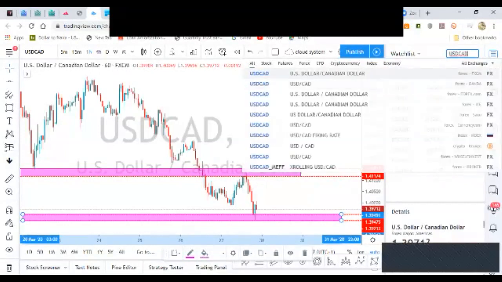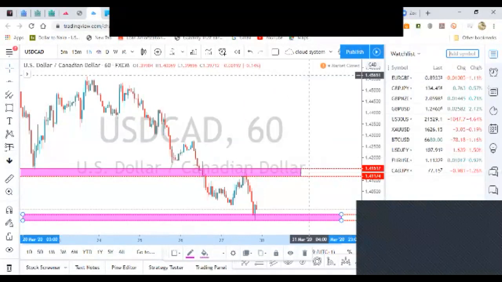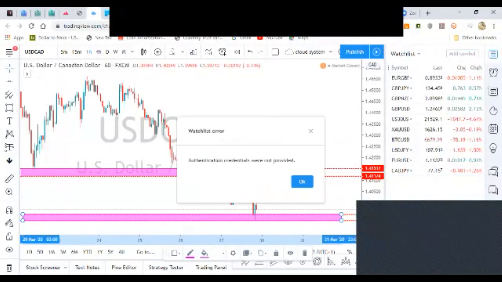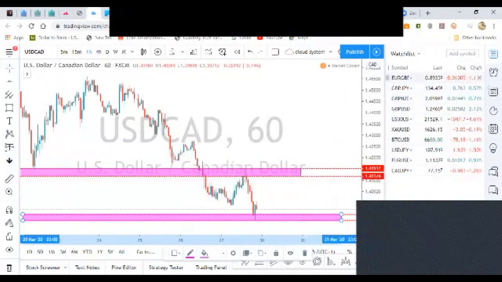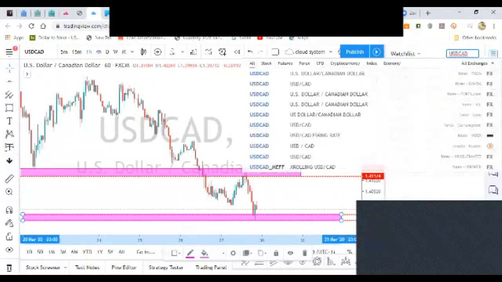I always select the first one. So if you are the type that would like selecting multiples, just select anyone that you know you'll be consistent with. Me, for easy remembrance, I select the first one. That's the one I selected here, and that's the one I'm selecting on my watch list. I add it to my watch list, USDCAD.